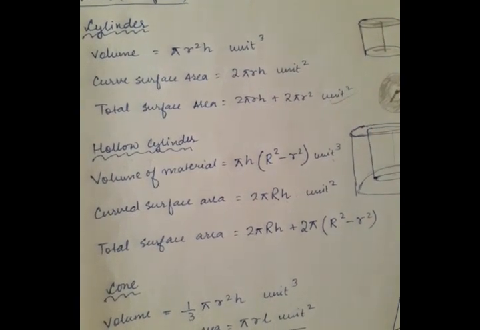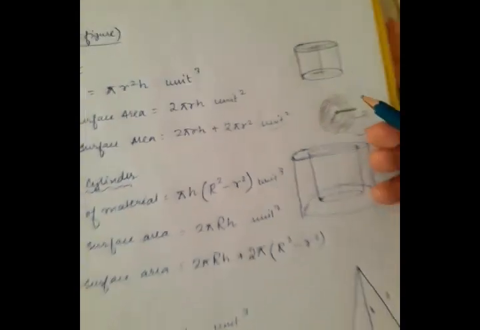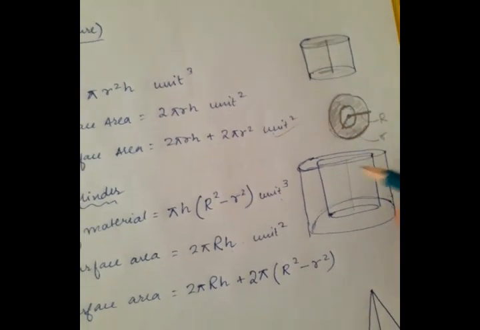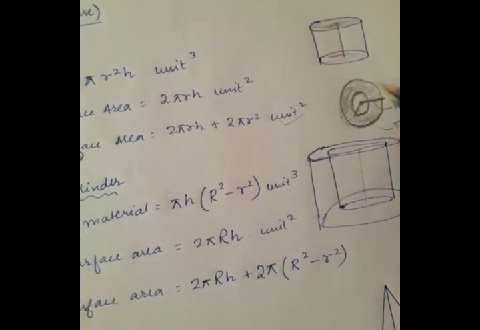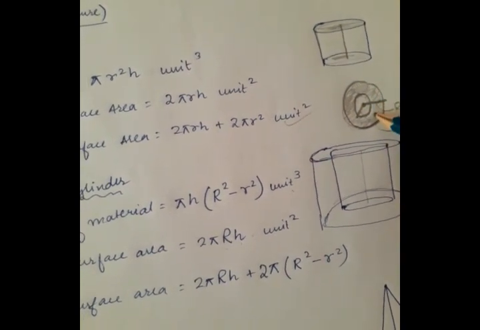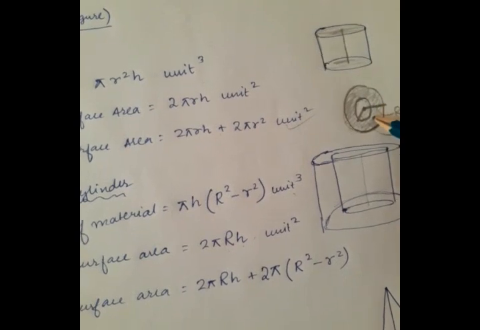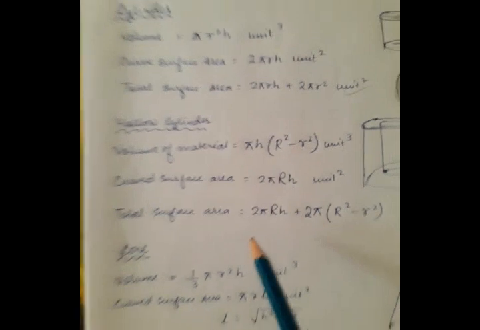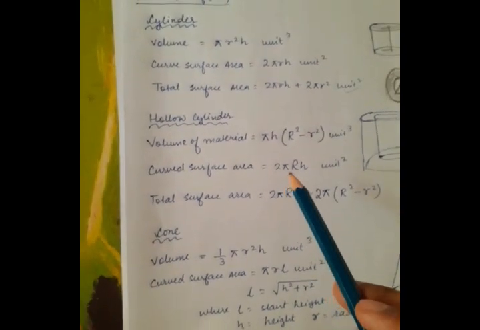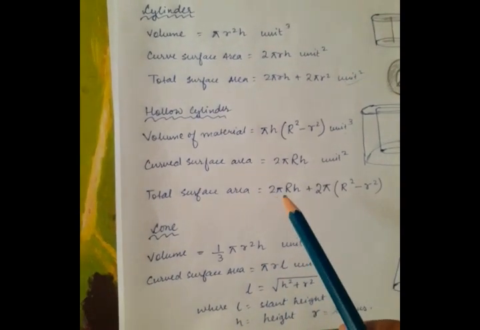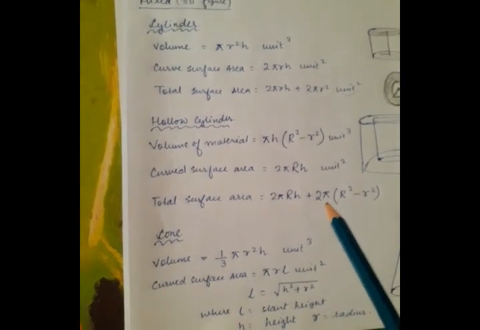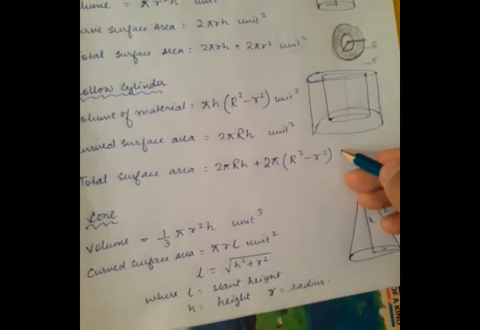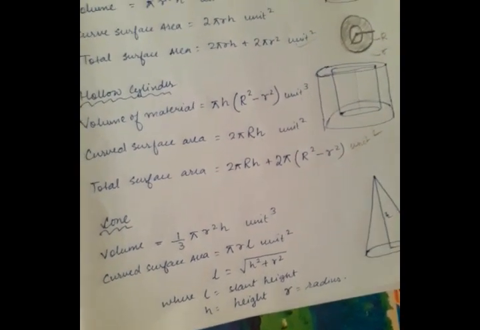There are two circles in this, and we have to add the area of both, which is found by pi (R square minus r square). There are two circles, that is why we multiplied it by 2. So the curved surface area's formula is 2 pi big R h, and total surface area is 2 pi R h plus 2 pi (R square minus r square). I forgot, you must not forget, that is unit square.